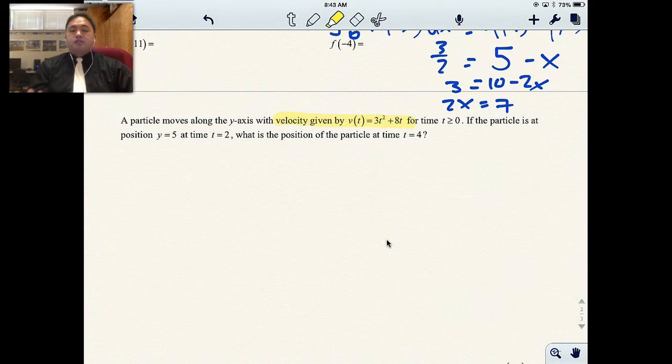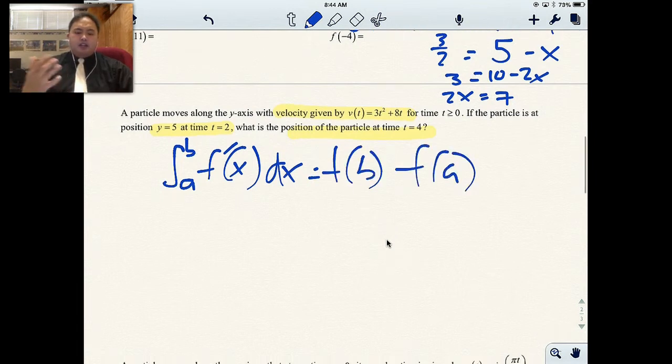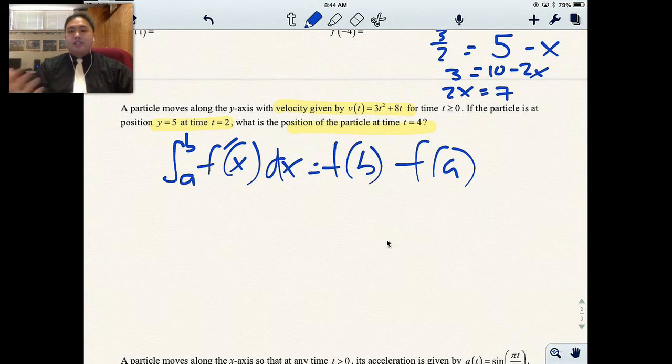The great thing about these specific points is that they are cues to use the first fundamental theorem of calculus. First fundamental theorem of calculus, again, the integral from a to b of f prime of x dx equals f of b minus f of a. Let's plug some stuff in. In this particular problem, I have a time of 2 and a time of 4.